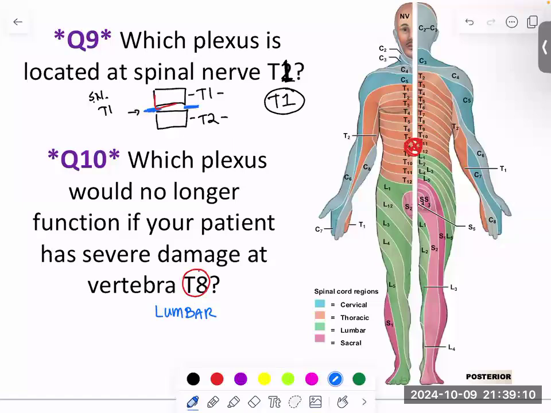The femoral, obturator. There's more. All the nerves that come off the sacral plexus. Sciatic, tibial, fibular, sural. All of them. Based on where the damage is, these would not function. They're going to be in a wheelchair.